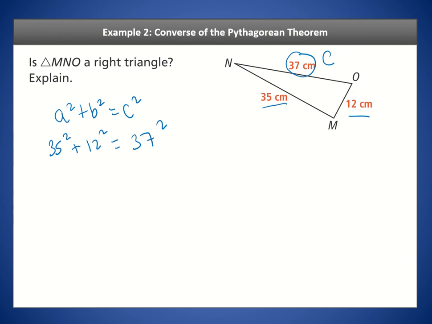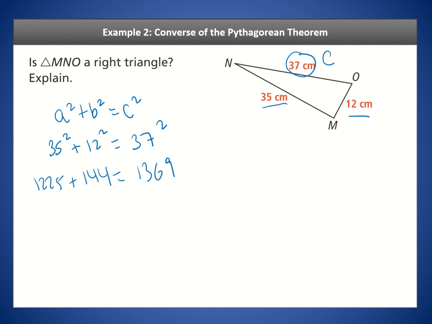And then we're going to see if these statements are true. In order to do so, we'll plug them into the calculator. So it turns out 35 squared is 1225. 12 squared is 144. And 37 squared is 1369.